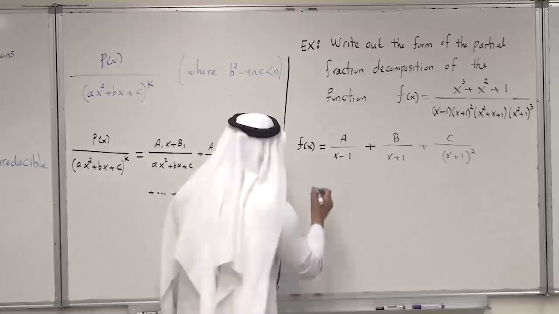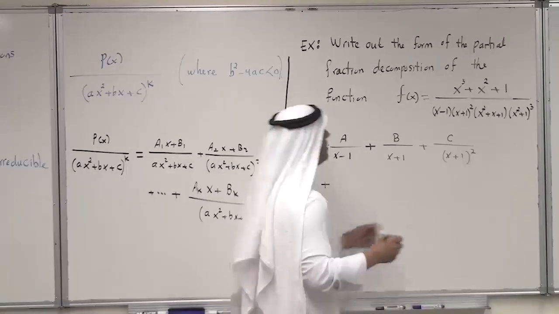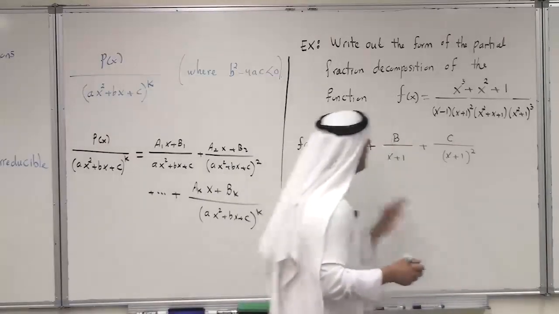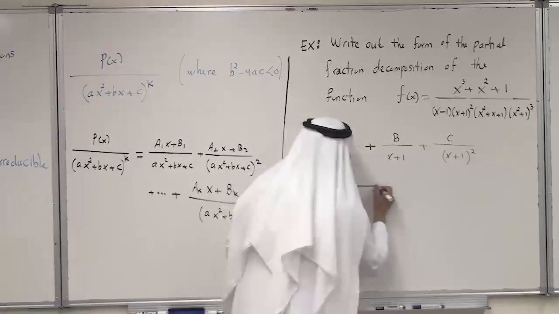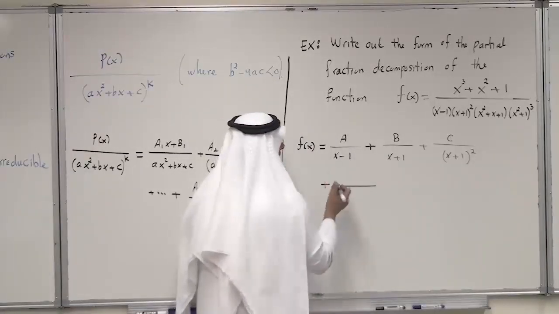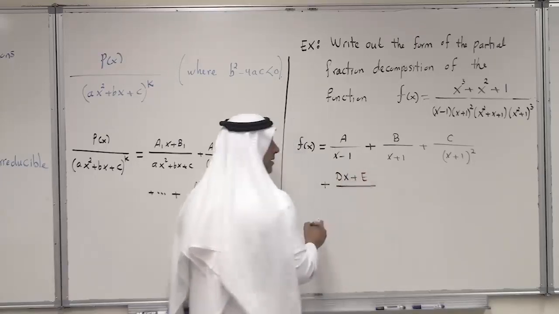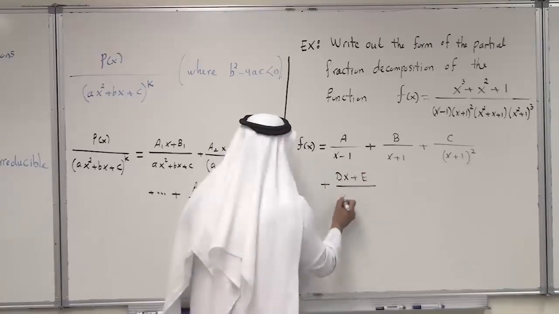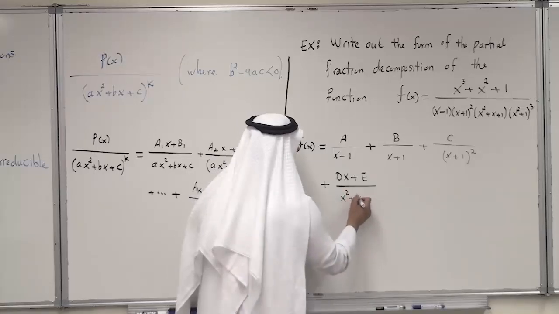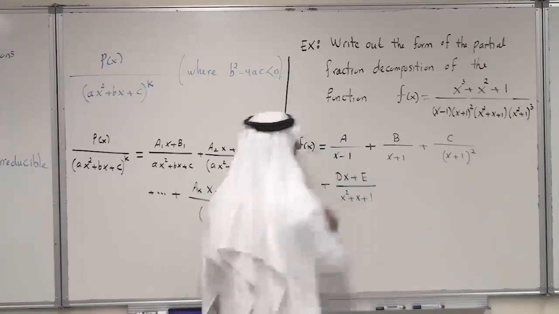For the third factor, plus, I'm talking about x squared plus x plus 1. I need a linear polynomial, so I can call it dx plus e, divided by x squared plus x plus 1, because this is not a reducible polynomial.